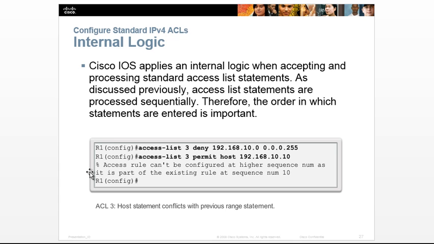So Cisco IOS applies an internal logic when accepting and processing standard ACLs. As discussed previously, the ACL lists are processed sequentially. Therefore, the order of the statements entered is important. This is why they say to enter them all in a text editor and then add them, because the order that they're entered in is the order that they are used in the system.